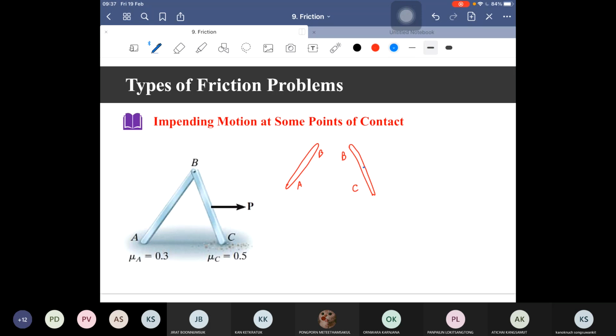We have external force P at BC, and each bar has the weight effect W. Okay, we have reaction force of the support at B, acting in different directions.